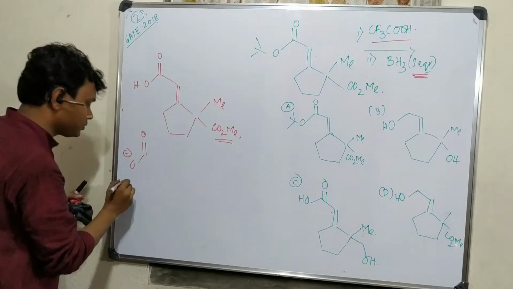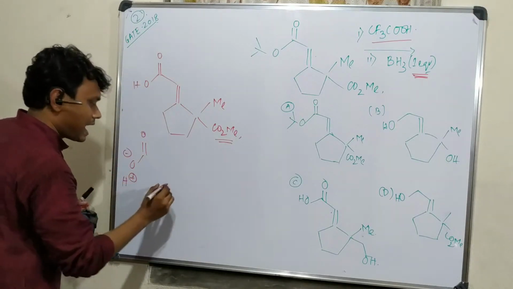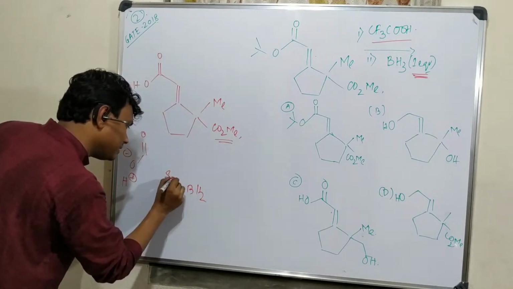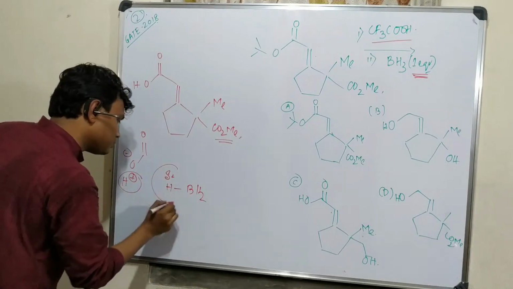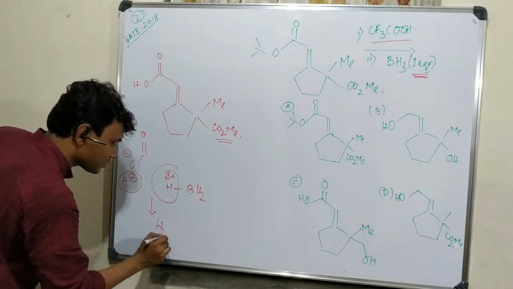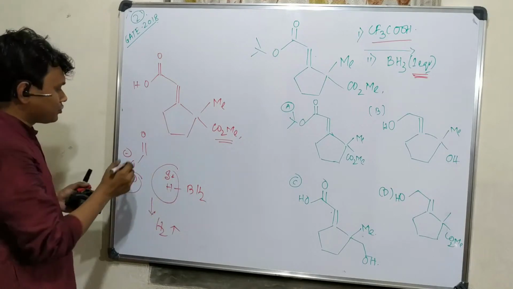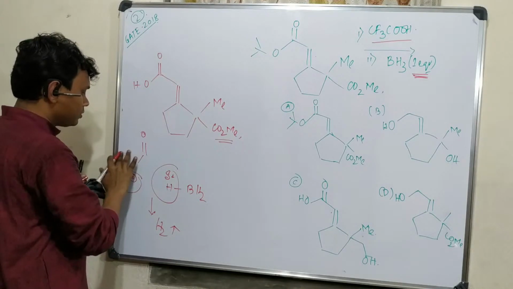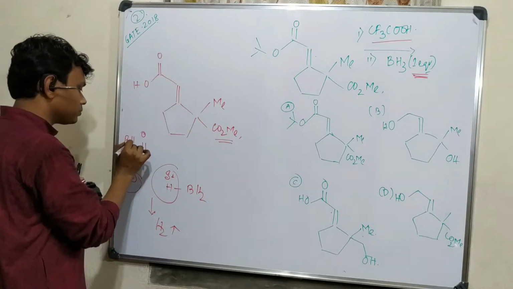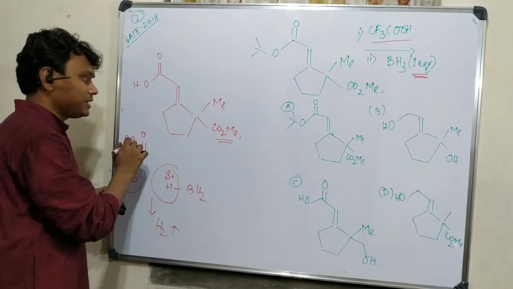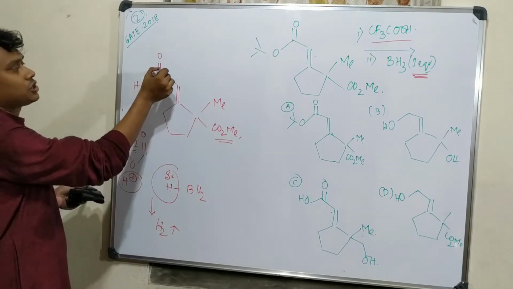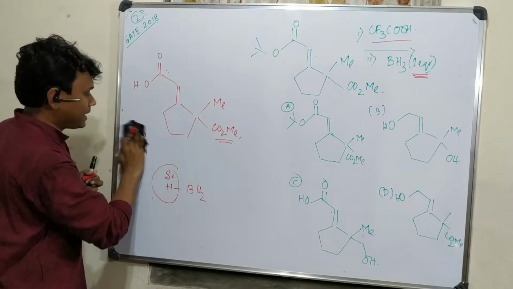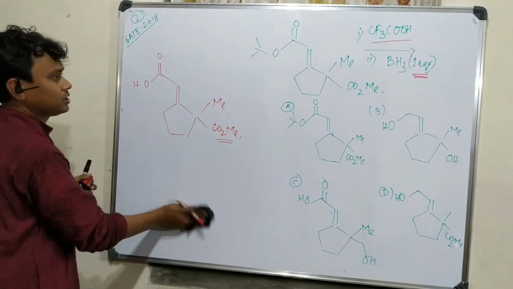And another thing, it produces H plus, and if we consider BH3, this BH is delta minus, so they react very fast to liberate hydrogen gas. And if it liberates hydrogen gas, what will happen? This BH2 will remain attached to this carboxylic group. And if this attachment is achieved, then the reaction will happen. So this is the reason for selectivity for attachment of BH2 with this.